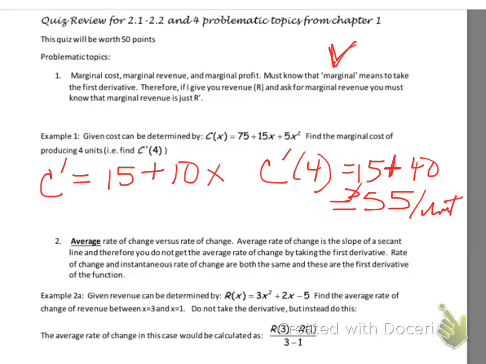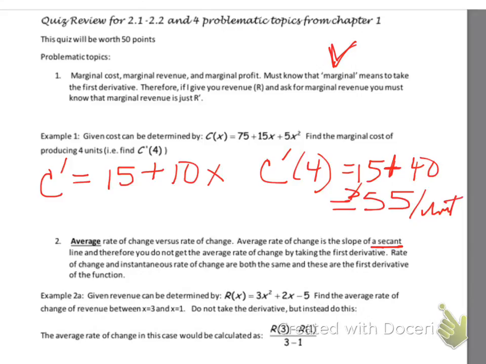Marginal, just remember forever and ever, just means take the first derivative. Next thing: average rate of change versus rate of change. I've written down here that the average rate of change is the slope of the secant line. Therefore, you do not get the average rate of change by taking the first derivative.